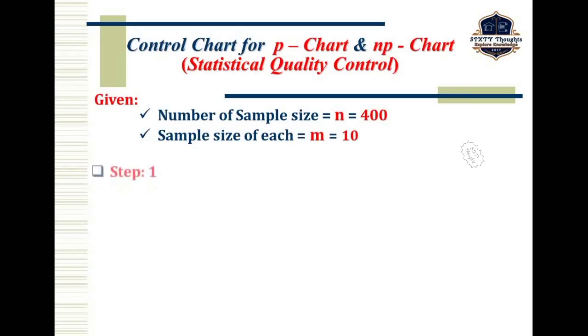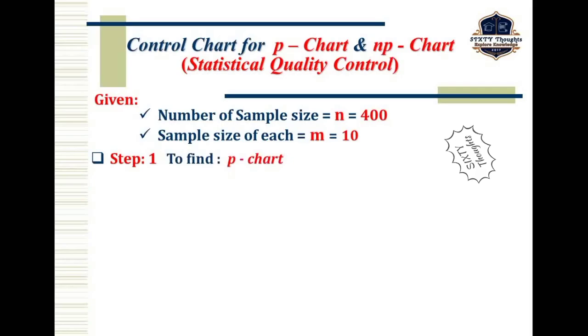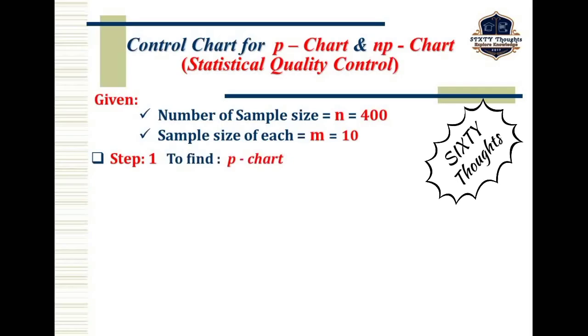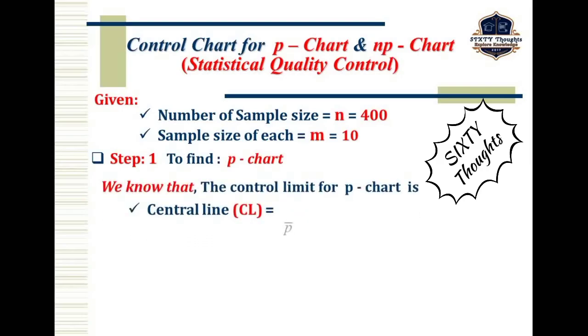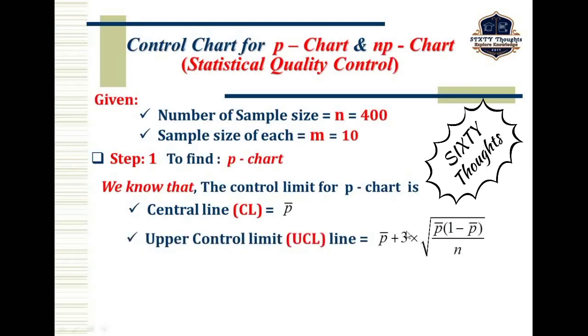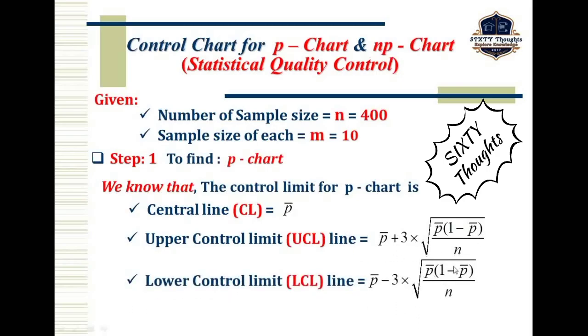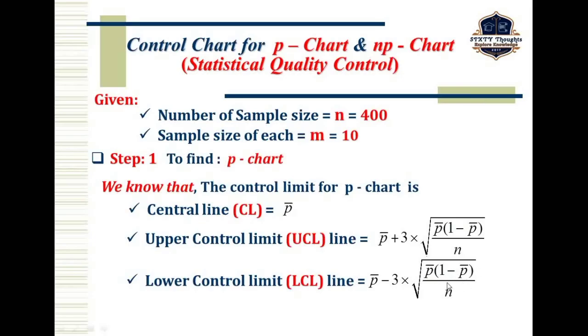What is step number 1? Step number 1 is to find the P chart, otherwise called the control chart for fraction of defectives. First we write the formula. We know that the control limits for the P chart are: central line equal to P bar, upper control limit line equal to P bar plus 3 into square root of P bar into 1 minus P bar by n, and lower control limit line equal to P bar minus 3 into square root of P bar into 1 minus P bar by n.